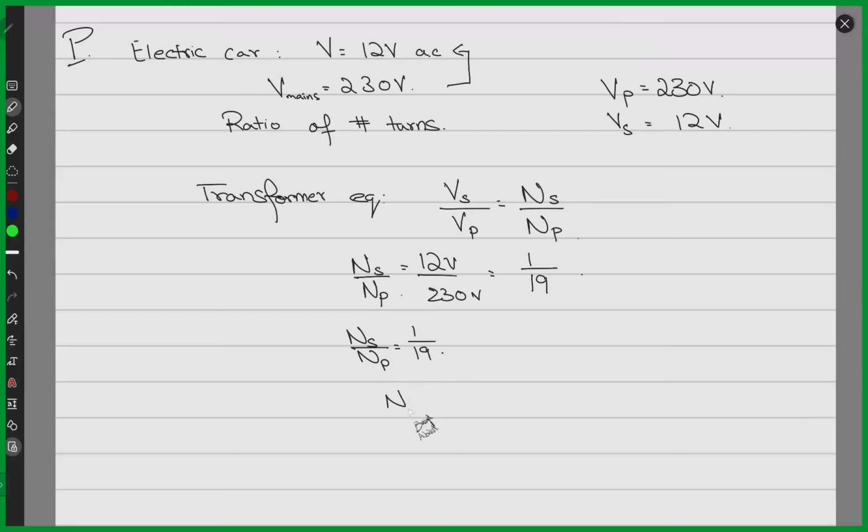So if you rearrange this as Ns equals 1 over 19 times Np, or as 19 Ns is equal to Np, you can immediately see that for one turn on the secondary coil, you would require 19 turns on the primary coil, right?